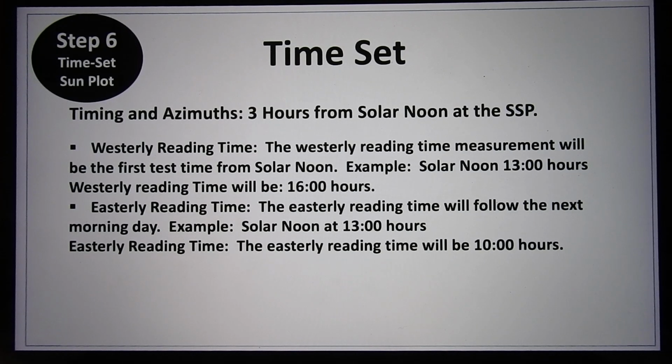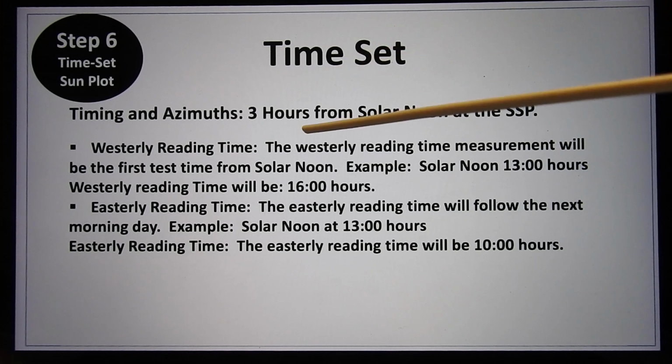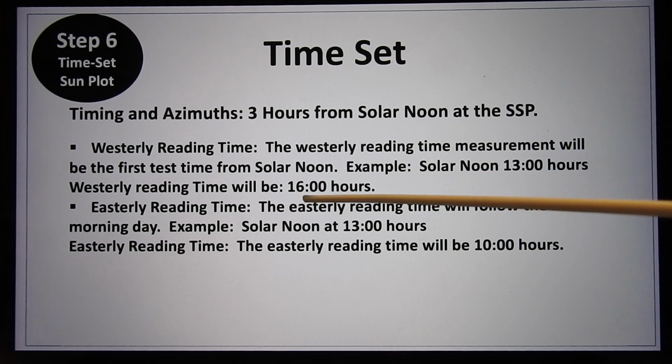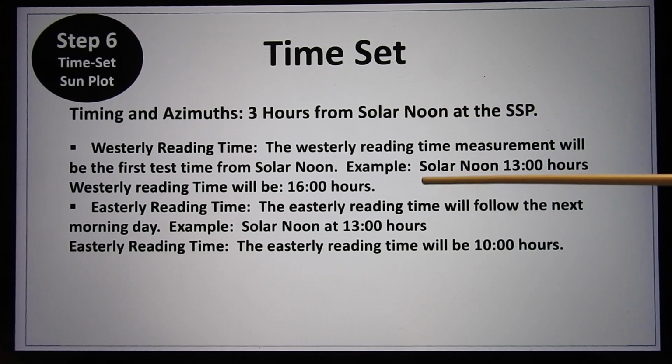Step 6, the 2 methods of timing: time set and sun plot. Time set, we'll talk about timing 3 hours from solar noon, so that's time set. So if your solar noon, the next example is 1300 hours, your first reading is going to be a westerly reading. Why? Because 3 hours, 3 times 8 is 24, 45 degrees is 360 degrees for that radius, for that orbital rotation for the Earth.